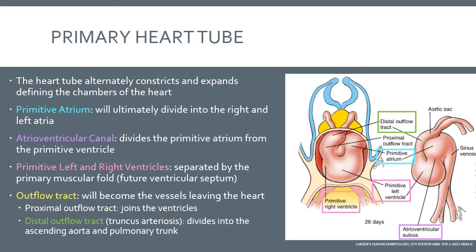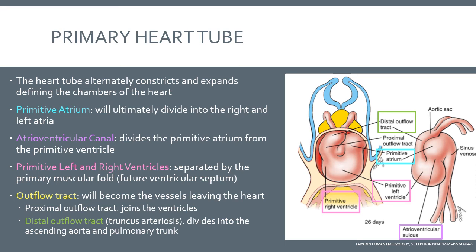But the proximal section is going to end up joining with the ventricles and becoming part of the body of the heart. But the distal outflow tract, so the portion of it that's furthest from the primary heart tube, that is going to divide into the ascending aorta and the pulmonary trunk, two huge vessels. And in fact, another name for the distal outflow tract is the truncus arteriosus.